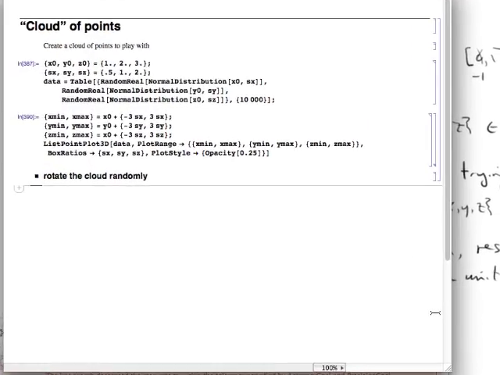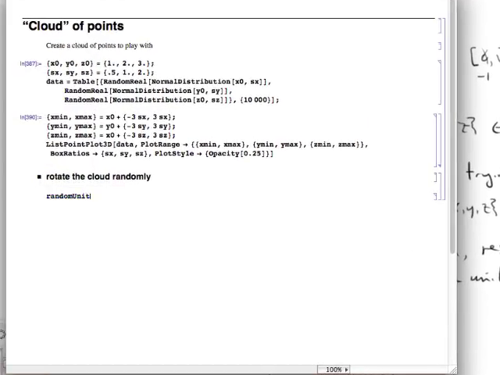So the way that that works in Mathematica is to define a function called randomUnit. And as promised, first you, well, you'll see why, my n is going to be my unit vector that I'm trying to generate.